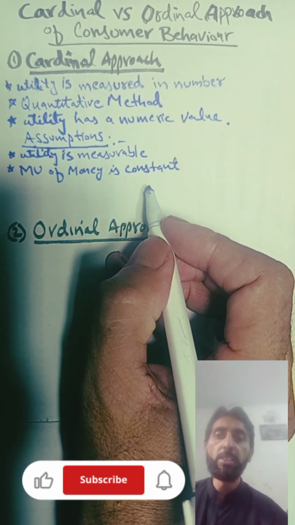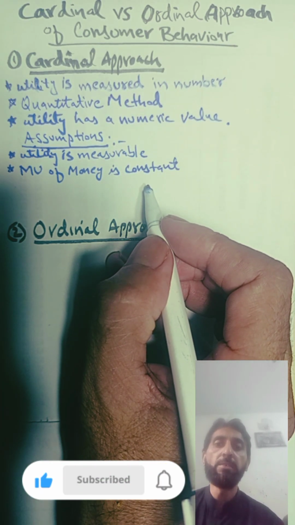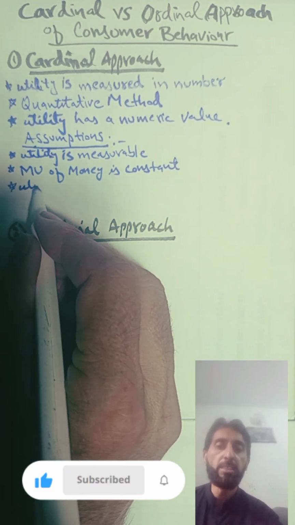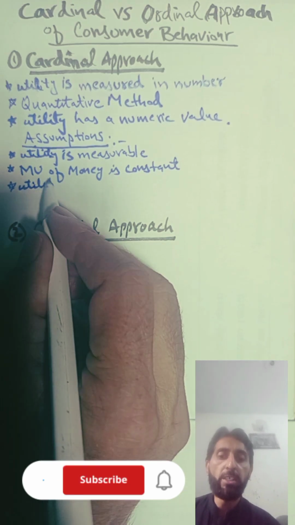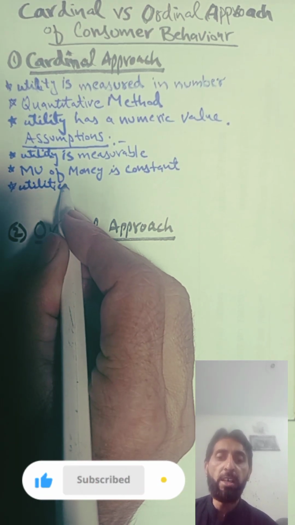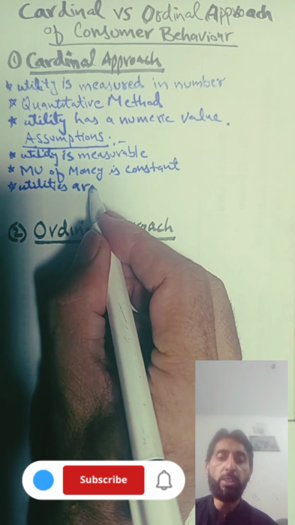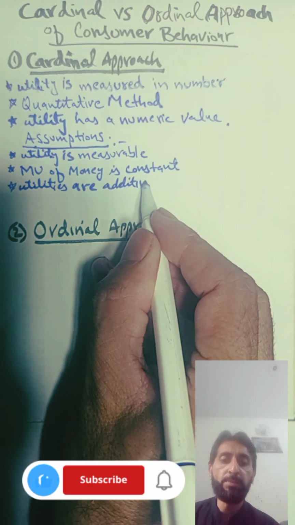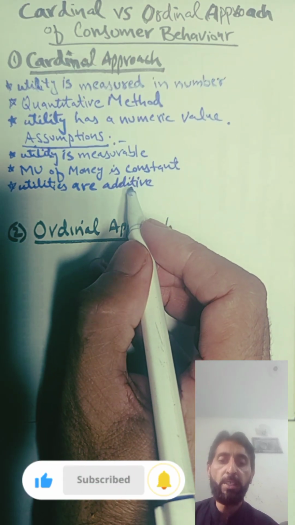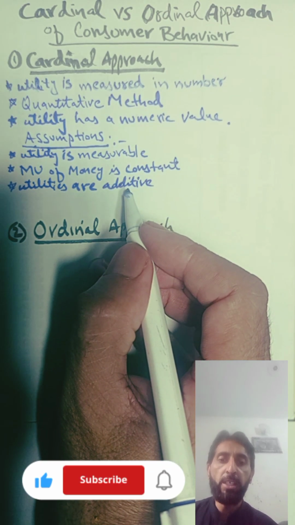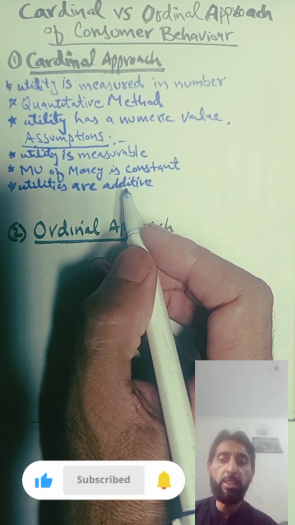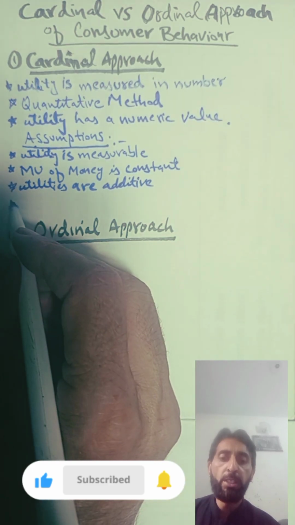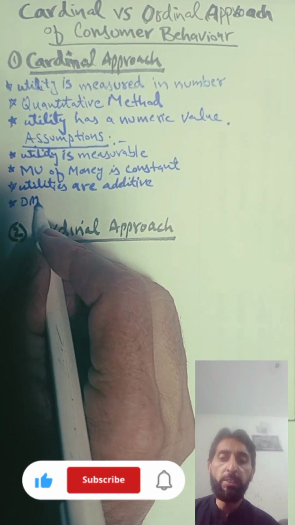Another assumption is that utilities are additive. The assumption of cardinal utility is that individuals can add them together to derive the total utility. For example, a consumer consumes x1, x2, x3 up to any units of a commodity and derives u1, u2, u3 up to un utility respectively.